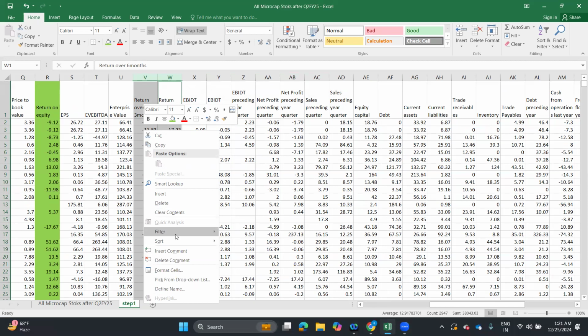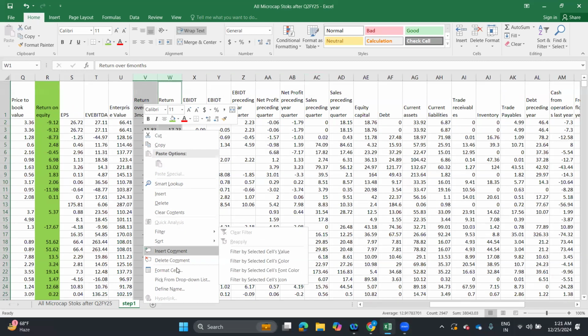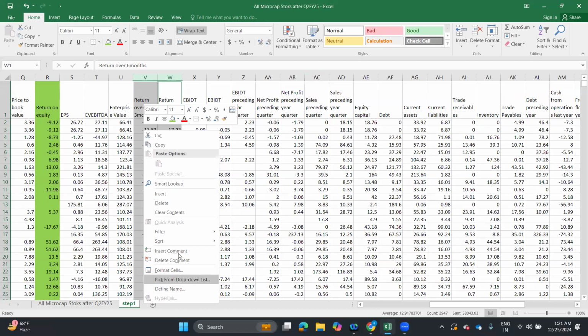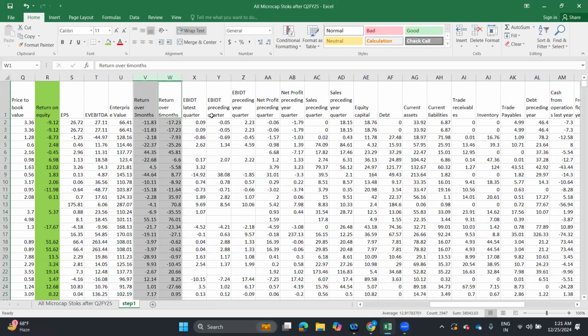I'm unable to find the option to hide. So no issue. Let me delete it. No, okay, let it be. Just ignore it.